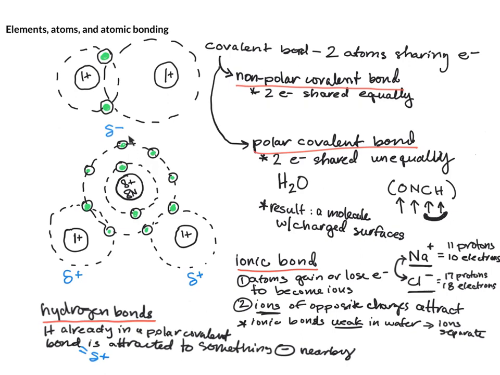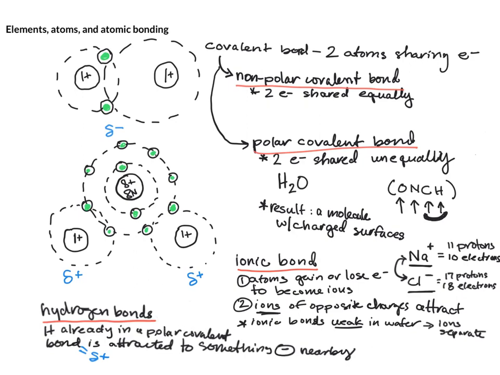Or something else that has a negative charge, like say a chlorine ion, will be attracted to this end of a water molecule. So hydrogen bonds occur between a hydrogen that's already in a polar covalent bond and something else that's negatively charged nearby. I like to think of it as this. Hydrogen bonds don't happen inside to form the center of a molecule. They happen between portions of molecules and other things that are negative nearby.